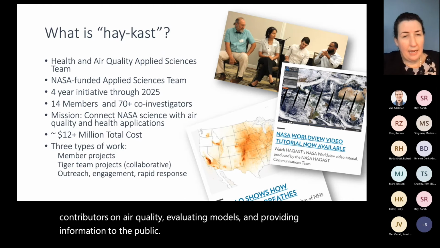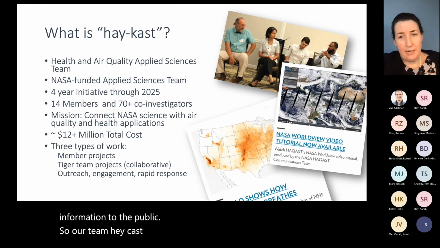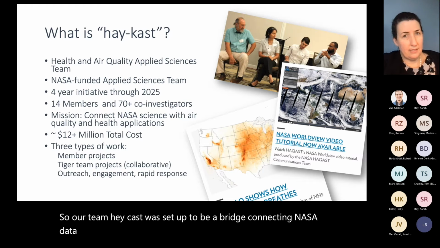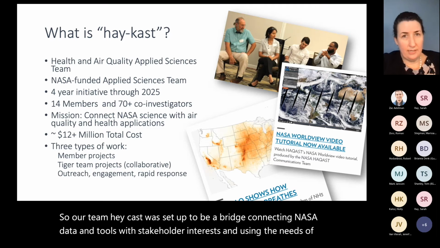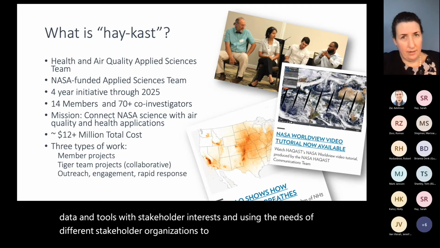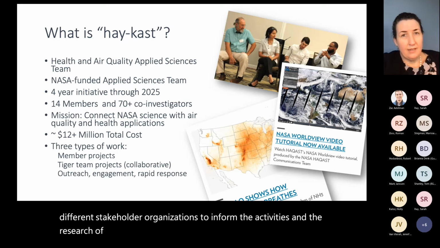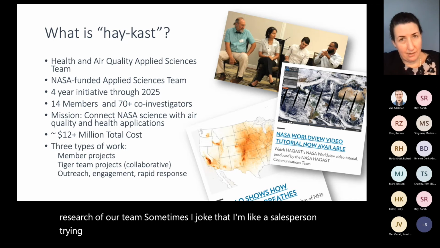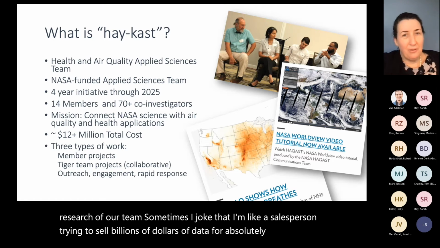So our team, HayCast, was set up to be a bridge connecting NASA data and tools with stakeholder interests, and using the needs of different stakeholder organizations to inform the activities and the research of our team. Sometimes I joke that I'm like a salesperson trying to sell billions of dollars of data for absolutely free to any organization that could find it useful.